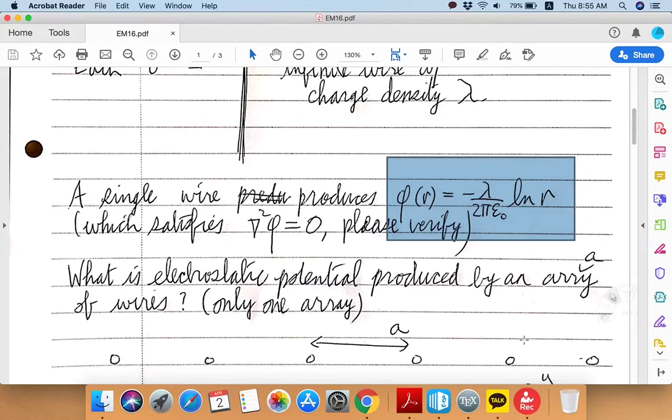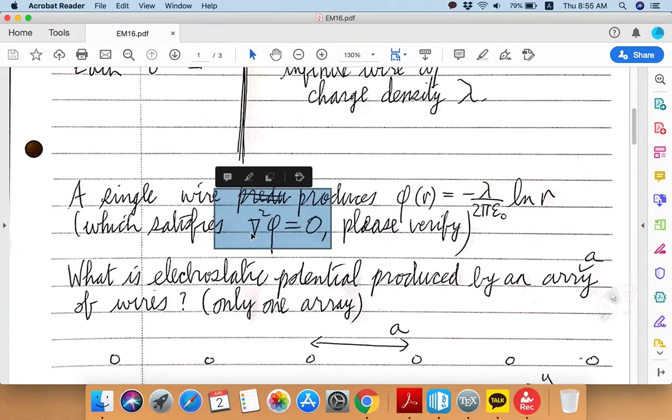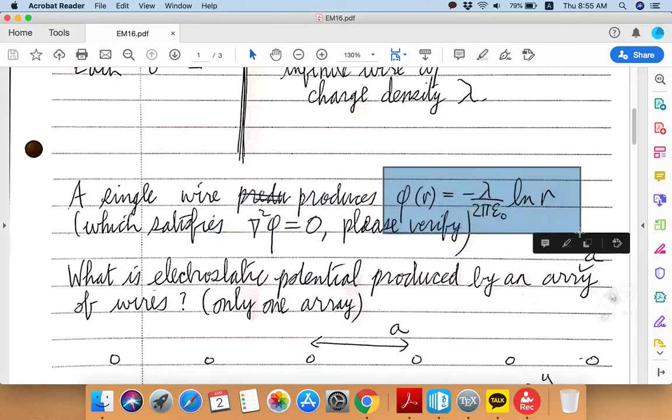It's also useful to remind yourself that this solution indeed satisfies the Laplace equation as it should, because away from the wire there's no charge, and therefore the Laplace equation must hold. So this particular solution must also be consistent with the Laplace equation.